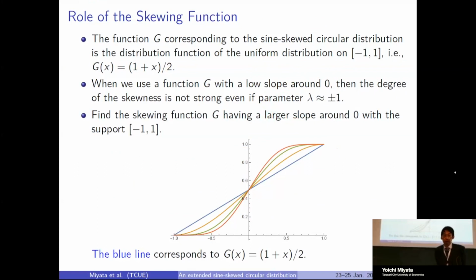When we use a function G with a low slope around 0, then the degree of skewness isn't strong, even if parameter lambda has a value +1 or -1, which is the value at the boundary of the parameter space. So we find a skewing function G having a larger slope around 0 with the support from -1 to 1.